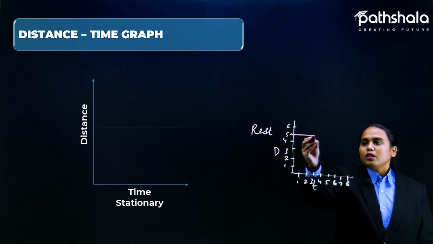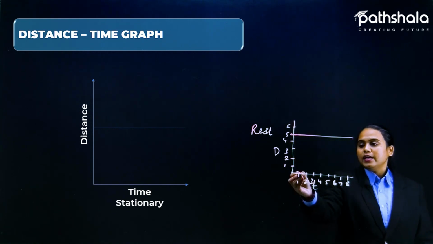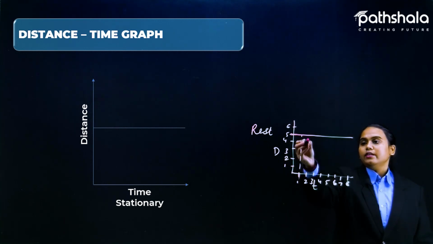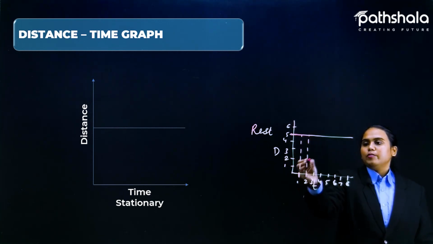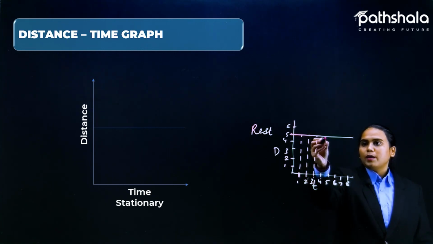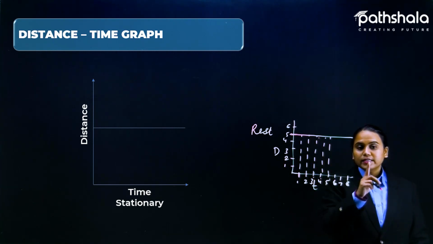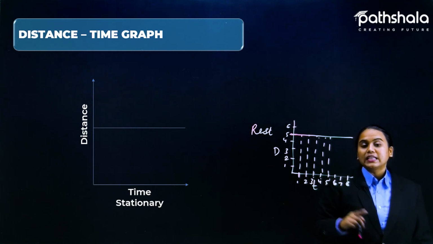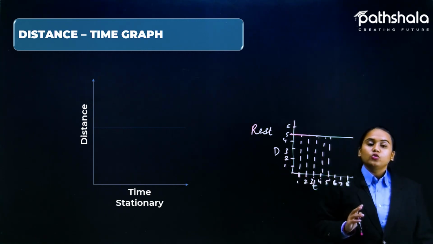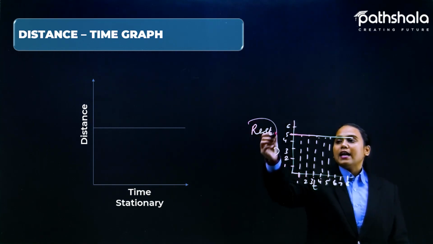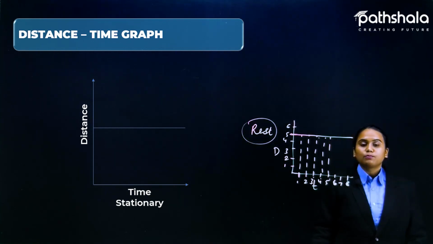So a straight line means in 1 second it is at 5 meters, in the second second again at 5 meters, in the third second again at 5, at the fourth again here, fifth again here. So it is not changing at all. It is at the same position. So whenever you are seeing a graph like this one, you can say that this is the rest position.